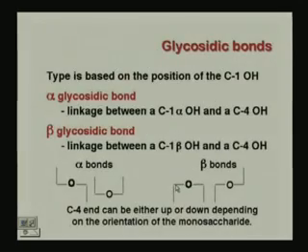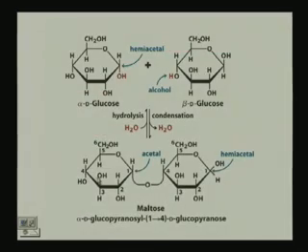We went on to study these linkages of the alpha glycosidic and the beta glycosidic, and we learnt from the orientation of the OH how such a linkage would be possible, and based on these linkages, how we could have the formation of different disaccharides, and which led to different polysaccharides, where we could have straight chain polysaccharides, we could have branch chain polysaccharides, and depending on the type of polysaccharides that were formed, they would have specific functions.